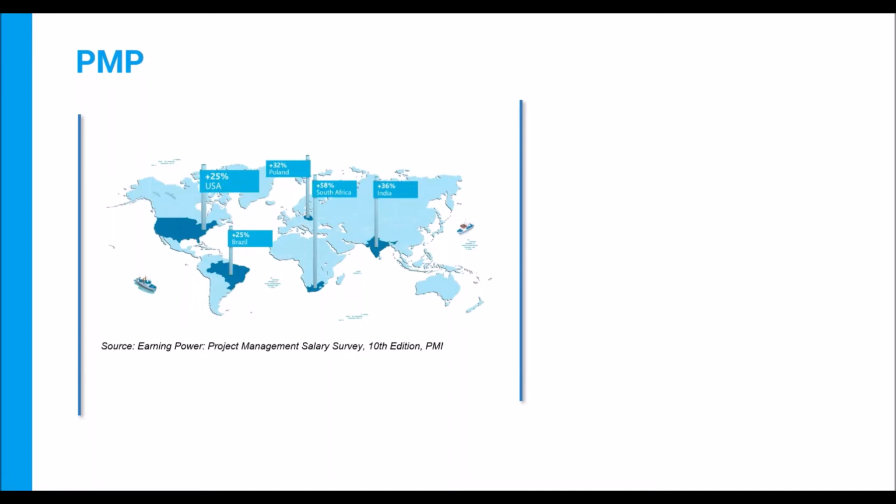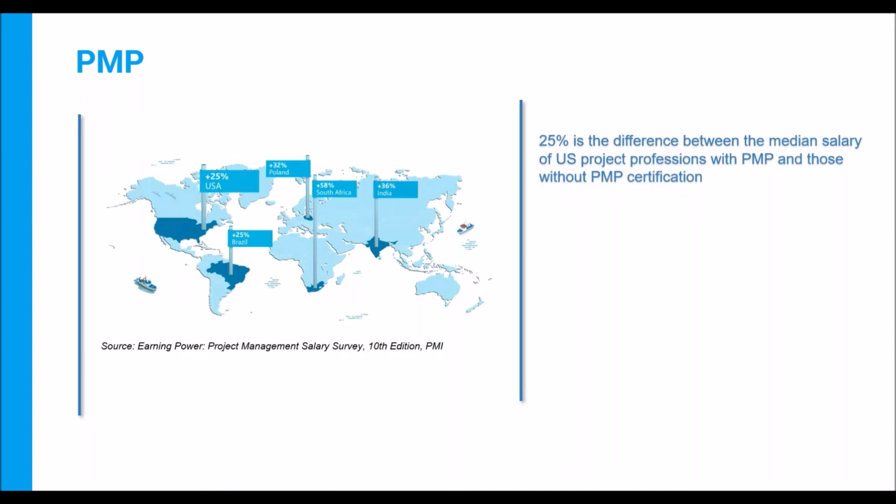You can see the numbers are higher in the other geographies, like Poland has 32%, South Africa has 58%, and India has 38%. So that is one of the primary reasons. Since we specialize in PMP from Techcanvass, I was trying to gauge your understanding.